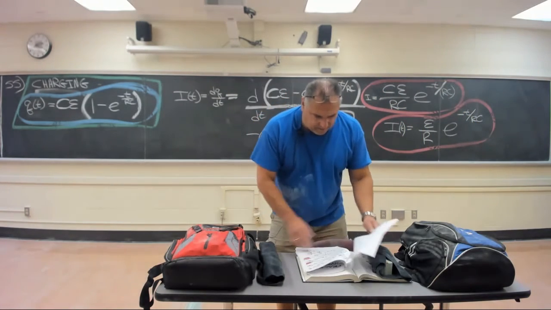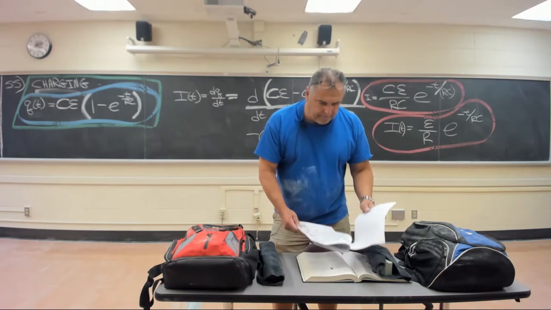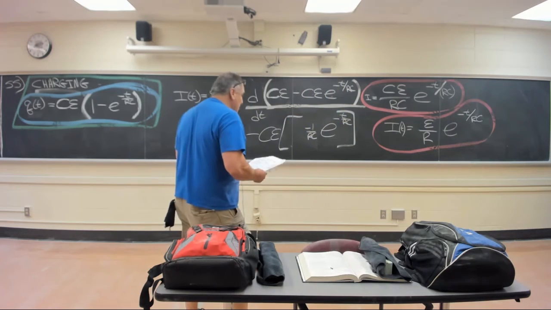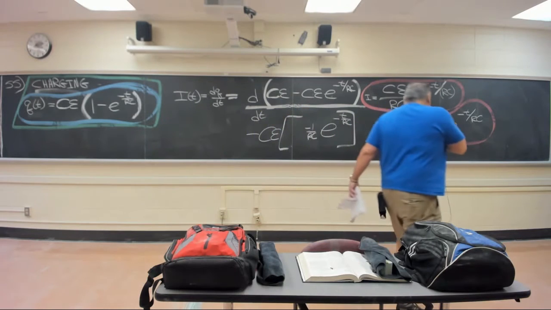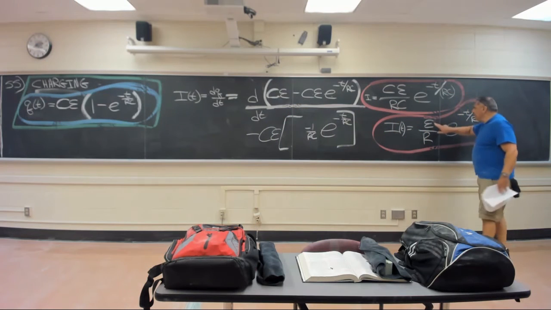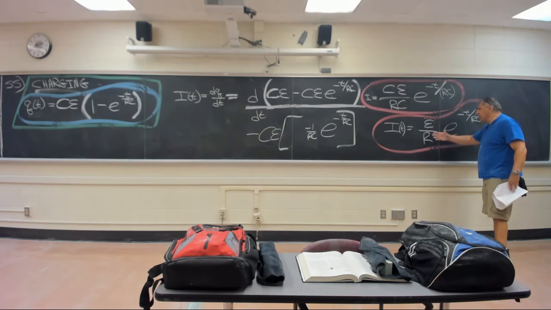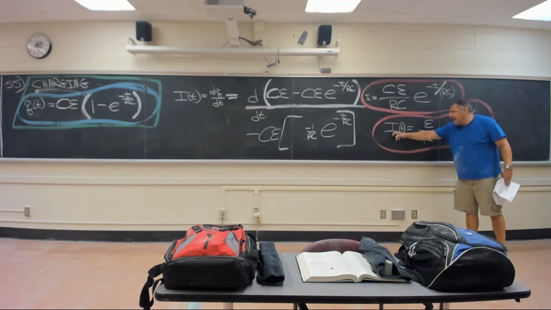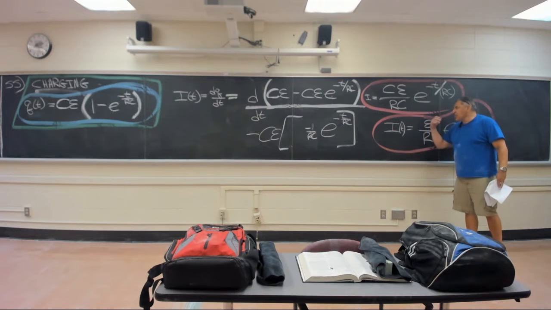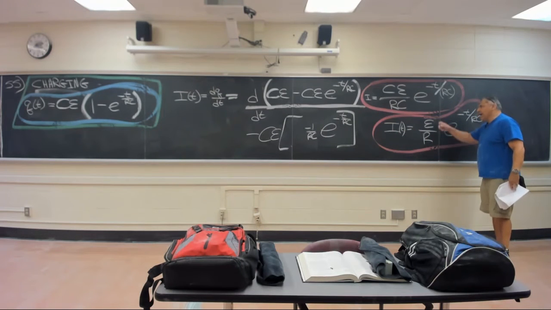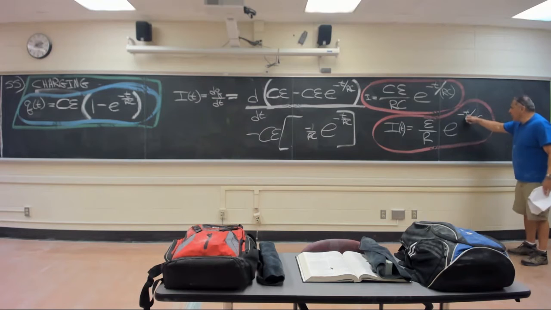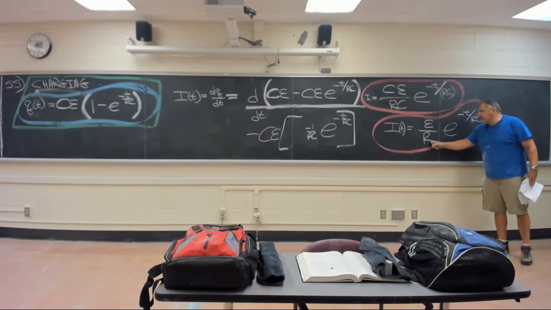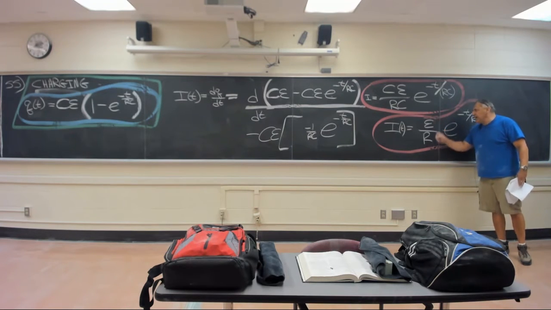So, I of t, the way they write the stuff, voltage divided by resistance is a current. This is actually a big number, relatively speaking, because this thing makes the I of t smaller than E over R. This is the biggest it can be. As you go toward infinity, you will reach this. That's the maximum current, E over R.